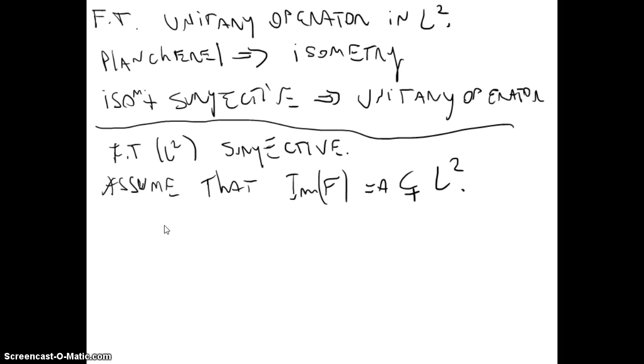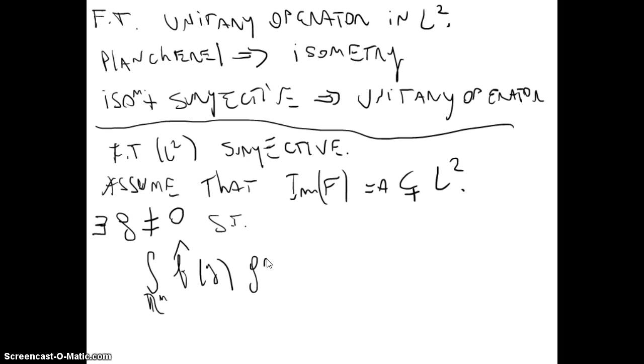Okay, so then there must exist a function g such that the integral in Rn of F transform times g must be equal to 0 for any f in L2 always in Rn.